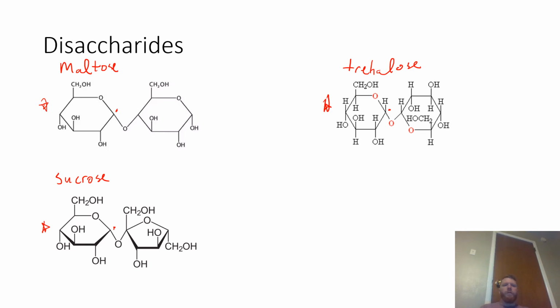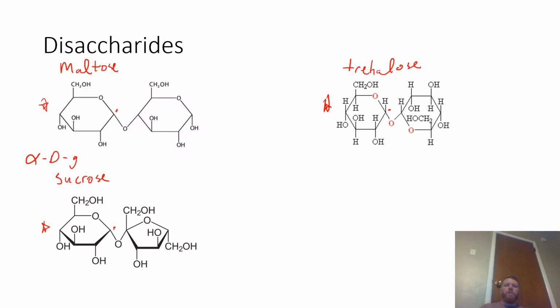What I want you to do is label these accordingly. So if you're coming up with this name, you will first write out alpha, because all of these are alpha sugars. In the event that you're working with a beta sugar in a disaccharide, then you'd write out beta. All of these are also D sugars. So alpha D, and then we're going to write glucose but use a different suffix.